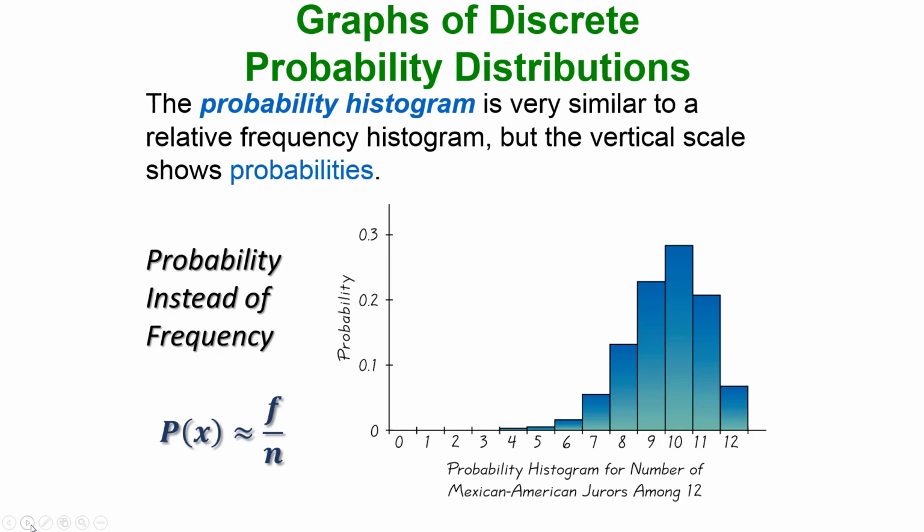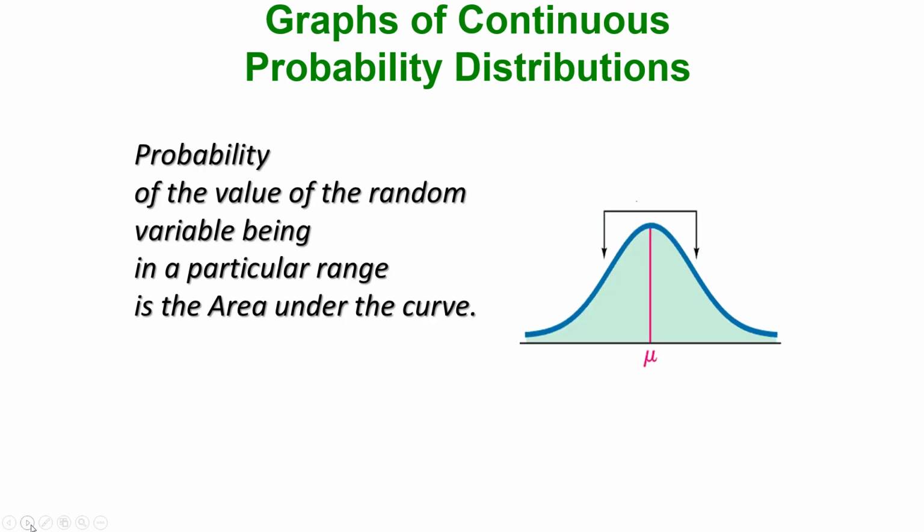Okay, so how do we deal with continuous random variables? The probability of the value of a random variable being in a particular range we can represent by the area under a curve.